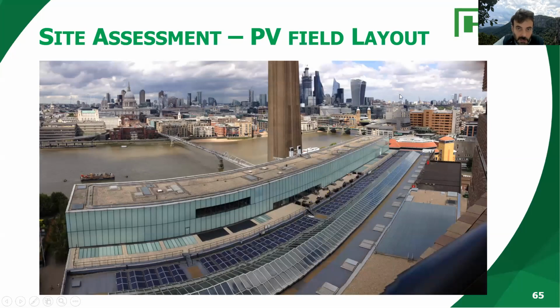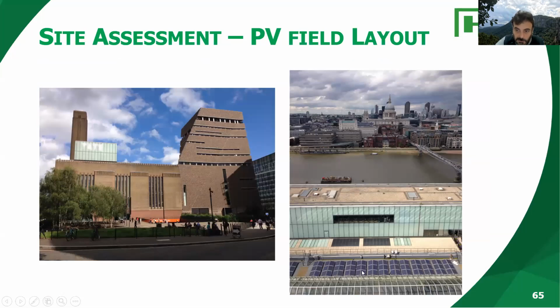Yeah, this is the River Thames. This is St. Paul's Cathedral in London. You can see how the PV system has been installed precisely in this layout, because there's going to be shading from this same building here, etc.